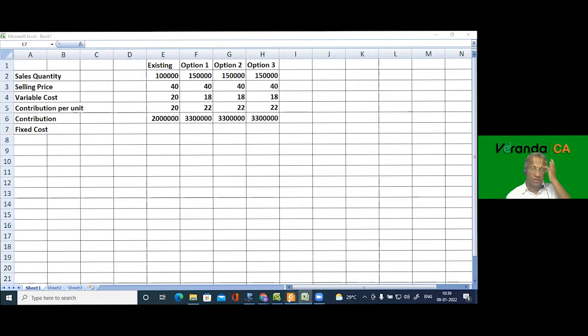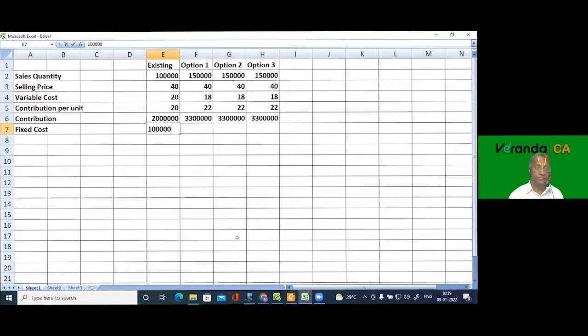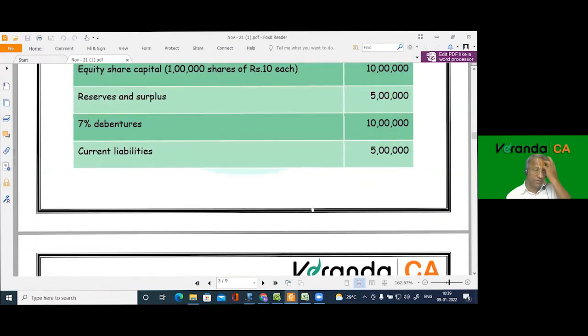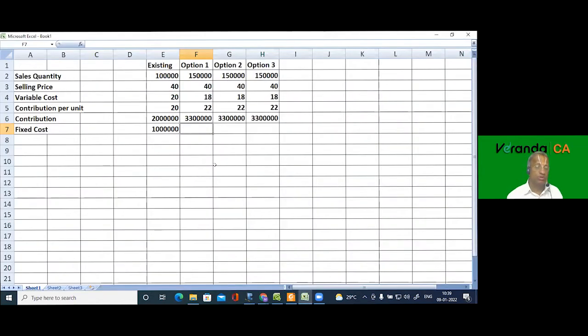Fixed cost, they mentioned it as 10 lakhs. What is the new fixed cost? New fixed cost will be increased by 5 lakhs. So it is going to be this plus 5 lakhs.